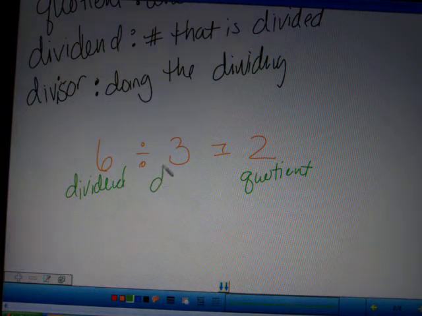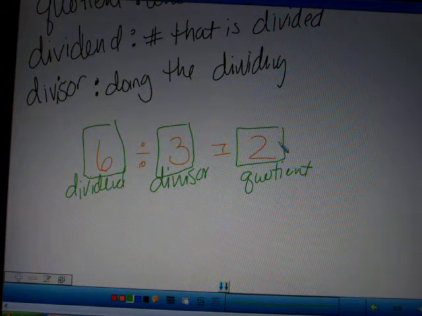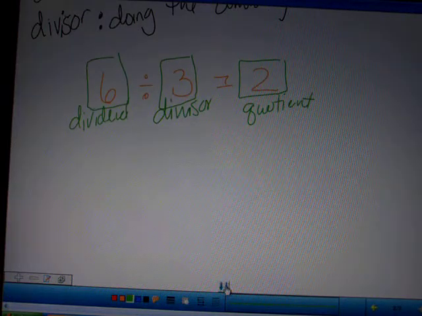And this number here is my divisor. So we've got our dividend, we have our divisor, and when we take our dividend divided by our divisor, we get our quotient. So now, just like when we looked for patterns in multiplication, we're going to do the same thing dealing with division.